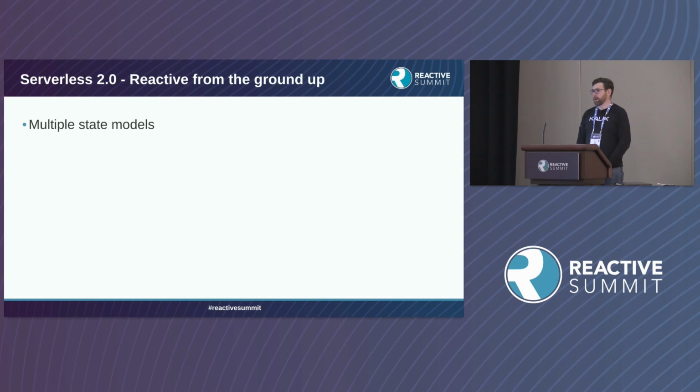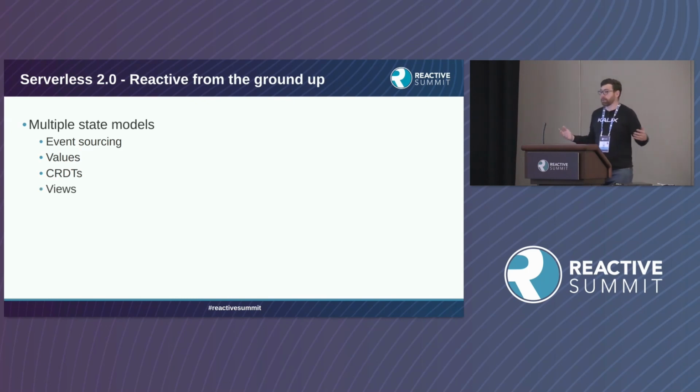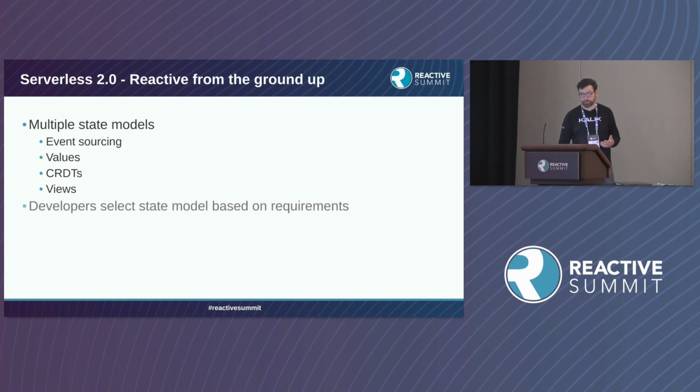And not every use case that we have requires the same model to solve it. So an example of a state model is event sourcing. A simple value could be a state model. A CRDT could be a state model. You'll have views that aggregate multiple entities together. There's another state model, and so on.